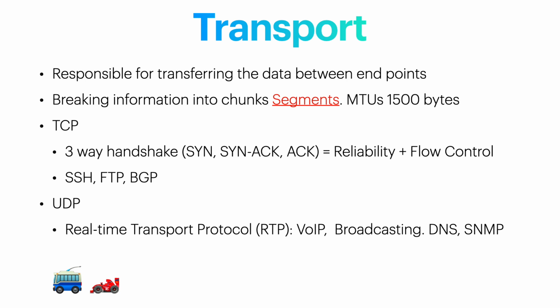For example, if you're in a call and you miss one word, it won't be that much of an issue if you get the context of it. Here's where VoIP, broadcasting, DNS, and network management live.